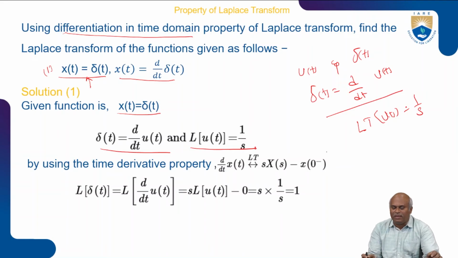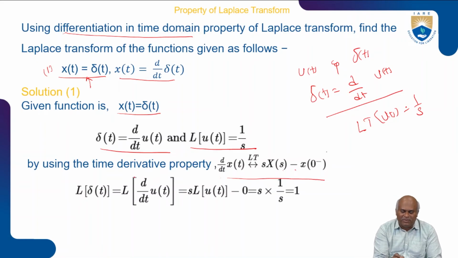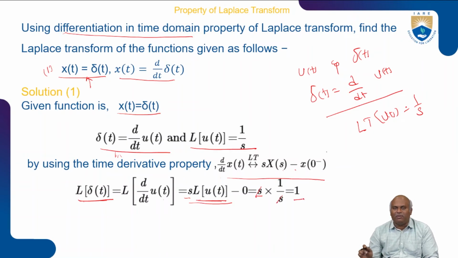Based on the time derivative property, the Laplace transform of d by dt x of t in the first differentiation is s X(s) minus x(0-).